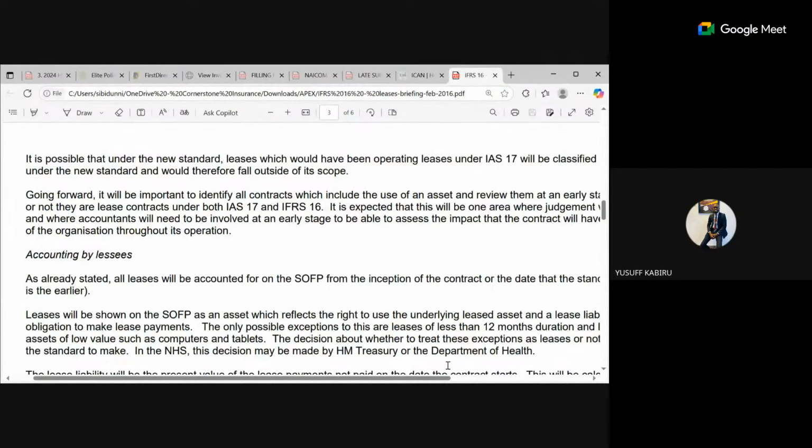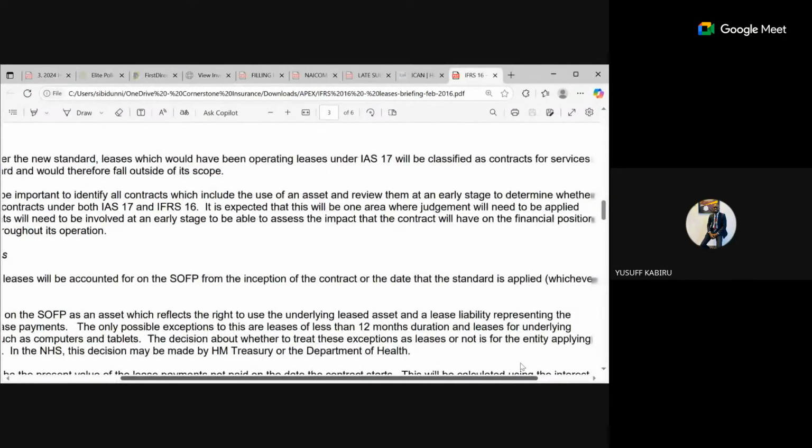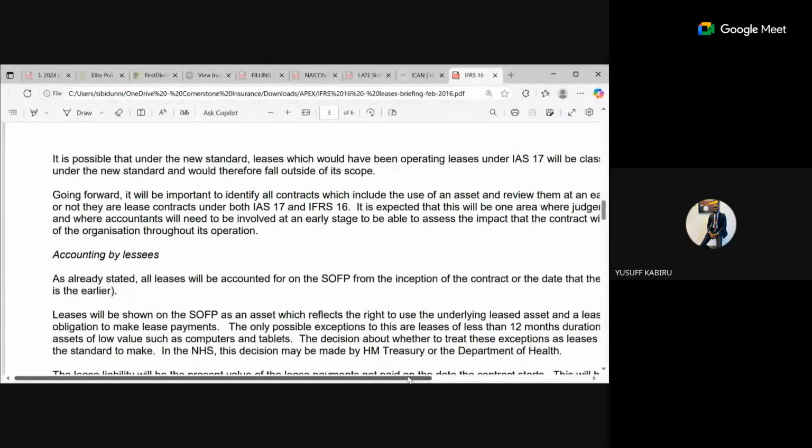But IFRS 16 now came to clear the air on it. So going forward, it will be important to identify all contracts which include the use of an asset and review them at an early stage to determine whether or not they are lease contracts under both IAS 17 and IFRS 16.